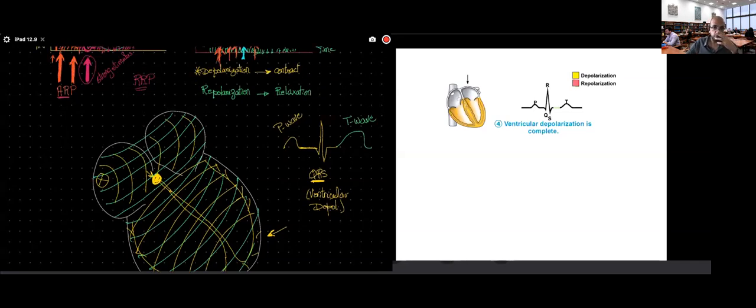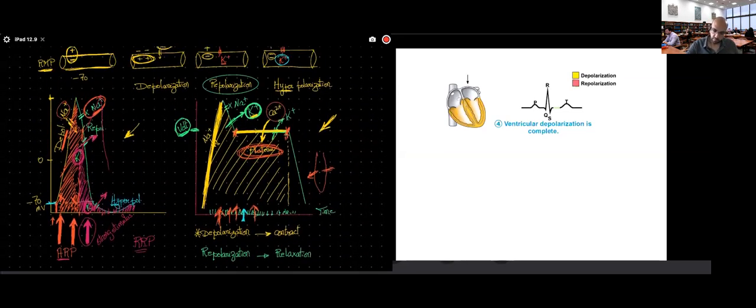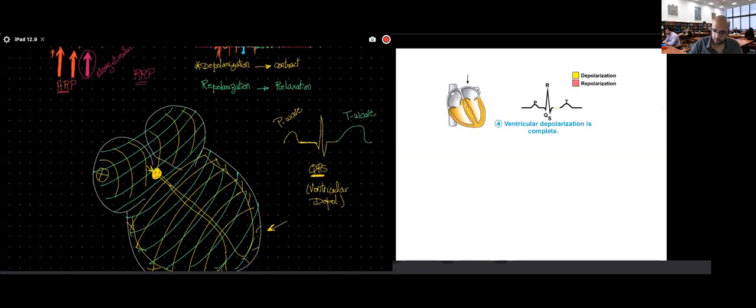So what is the repolarization again? All this is going to be my repolarization phase, recorded first as the P wave, recorded the first time in the ventricles as my T wave. Exactly.